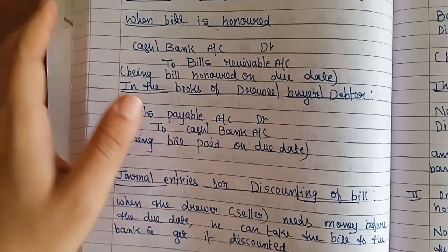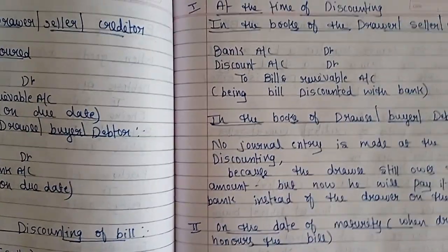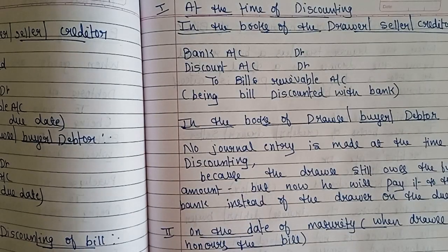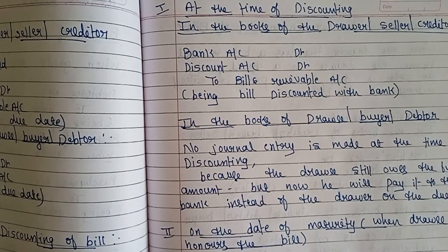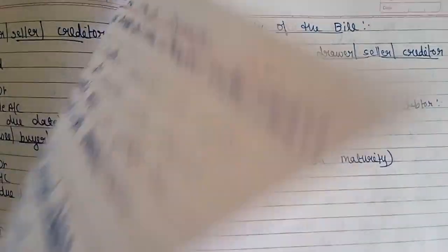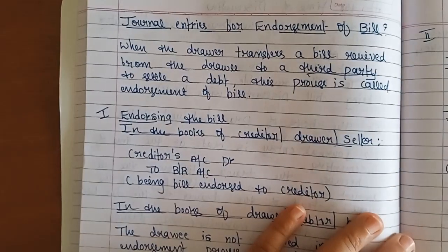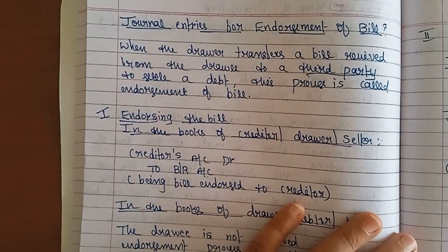At the time of discounting, the drawer needs the money before the due date, so he can take the bill to the bank and get it discounted. At the time of endorsement, the drawer transfers a bill received from the drawee to a third party to settle a debt. Clear?